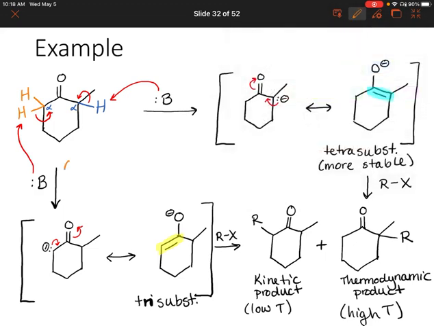So let's just write here that we can use a bulky base to favor the kinetic product. And this would also be in combination with the temperature as well.